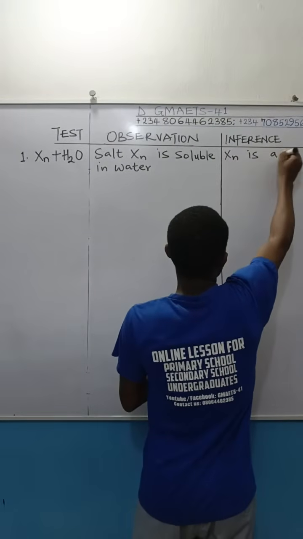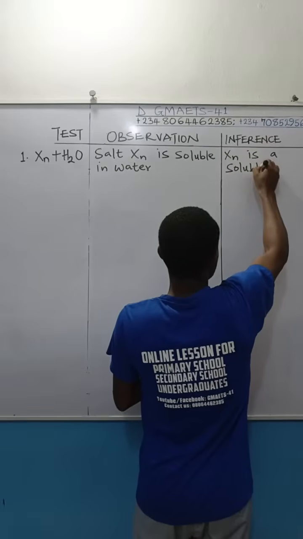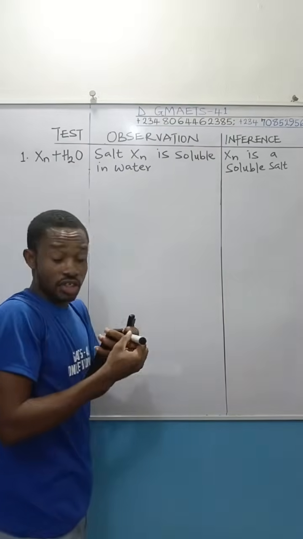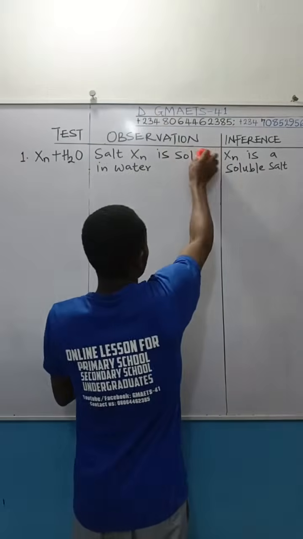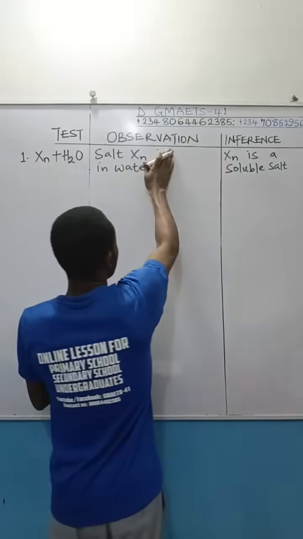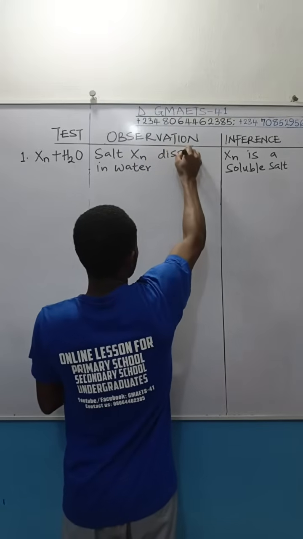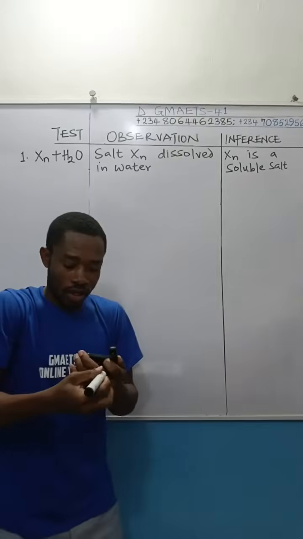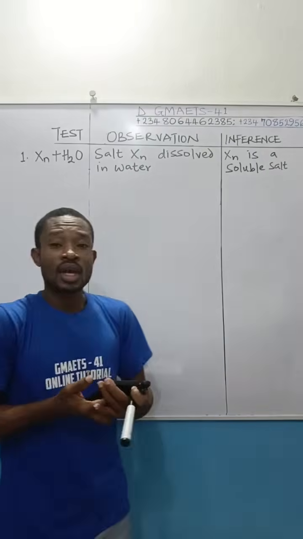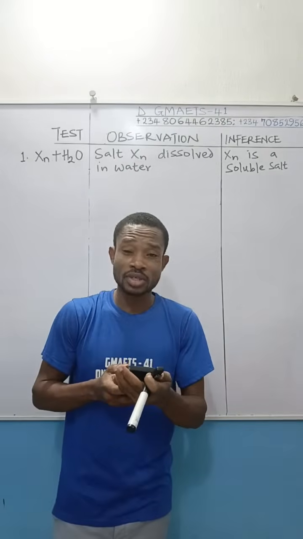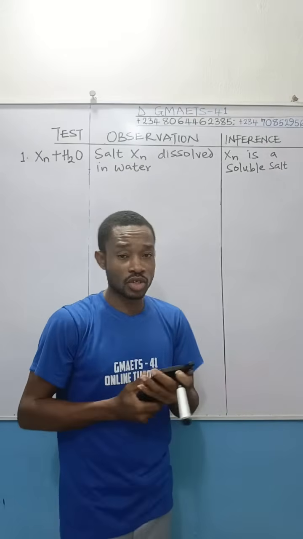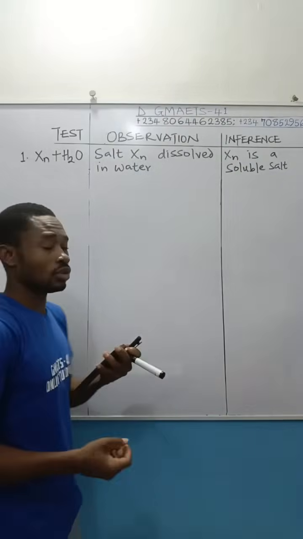One can write in the observation, salt XN dissolved in water. Remember why I decided to go in the direction that salt XN dissolved in water. I use that statement because we are not told to filter, and the fact that we are not told to filter likely means that it is completely soluble. So salt XN dissolved in water.